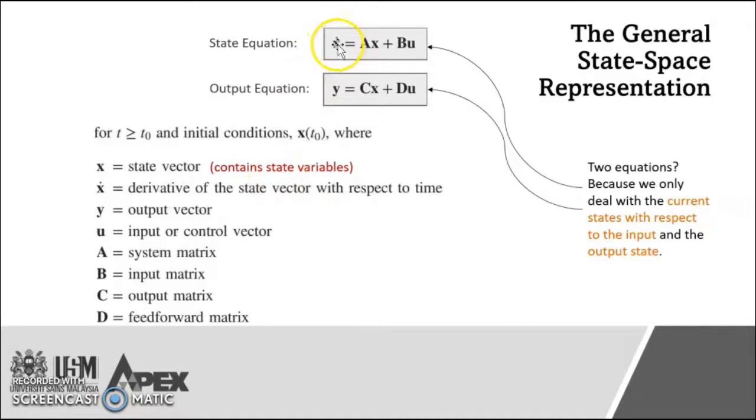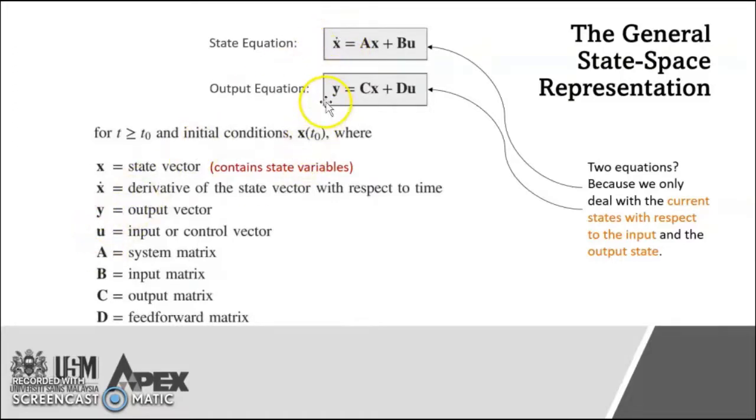So one dot here is the first derivative. Two dots means the second derivative, three dots mean three derivatives. But in state space representation, we are always interested in the x dot, only the first derivative, as the main subject. So we will make sure that we put the first derivative on the left hand side.